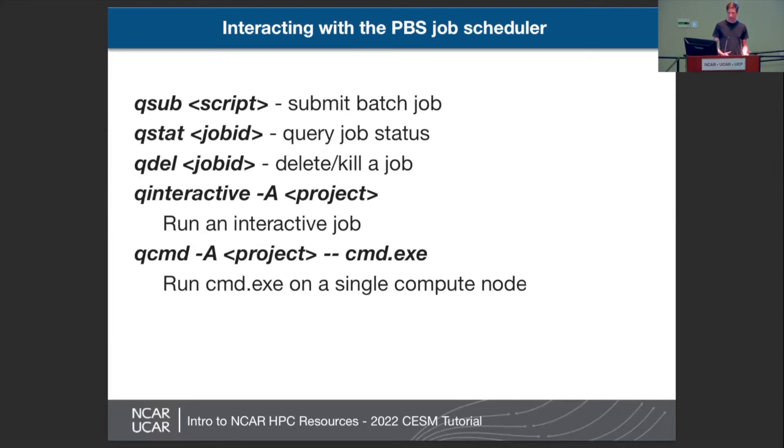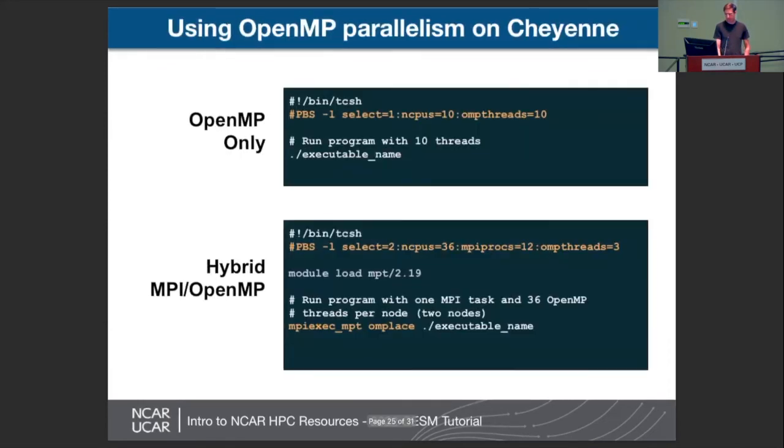So to do an ls, I would say qcmd -a my project code -- and then that ls command will get scheduled by the batch system, and when a compute node is available, it'll run an ls on a compute node and return the results to you. So ls is not a good use of a compute node per se, but any sort of work you want to run interactively that way can be done with that command.